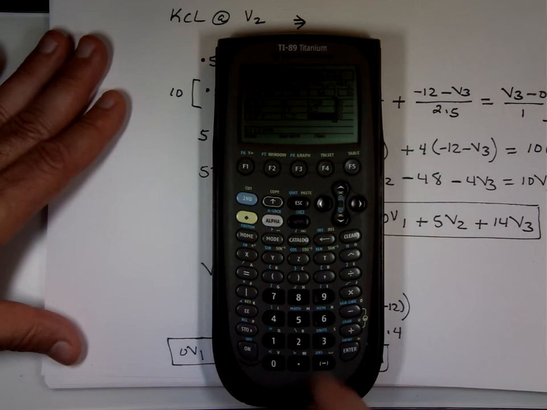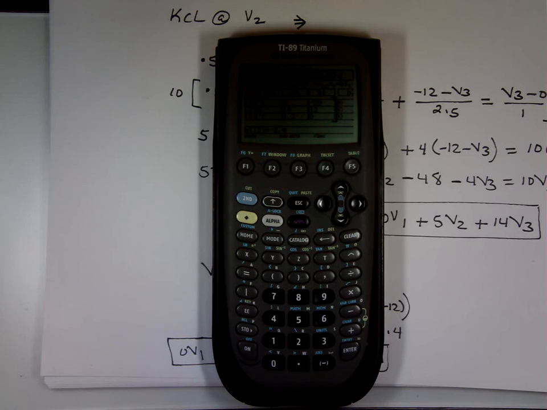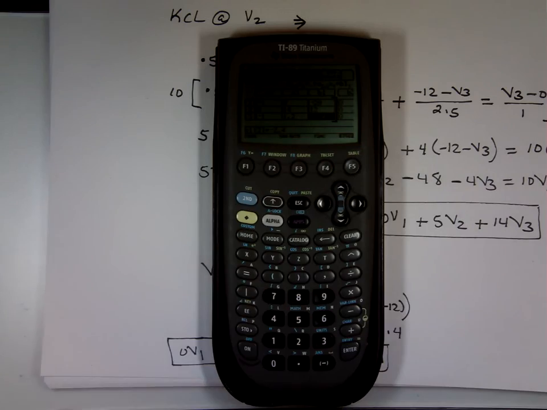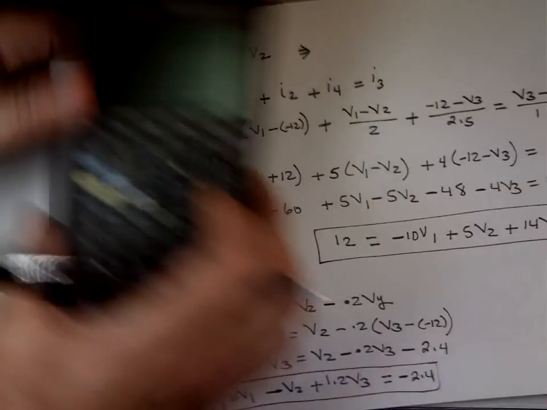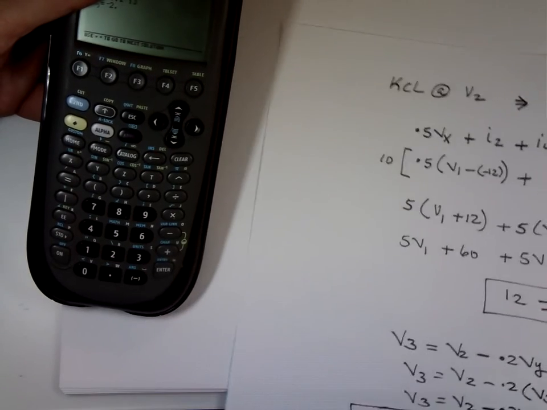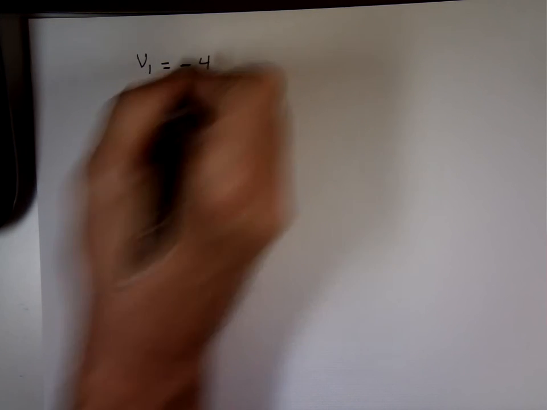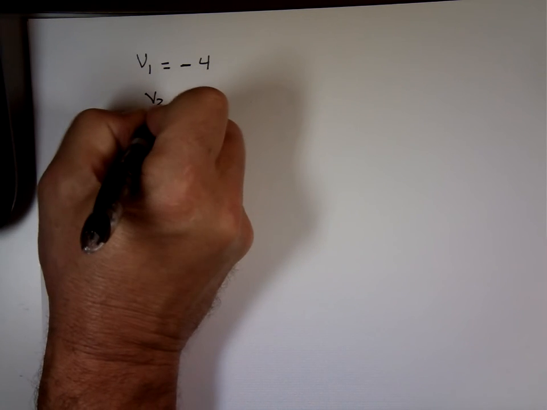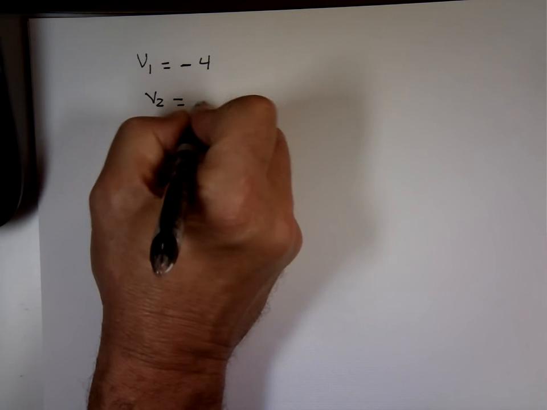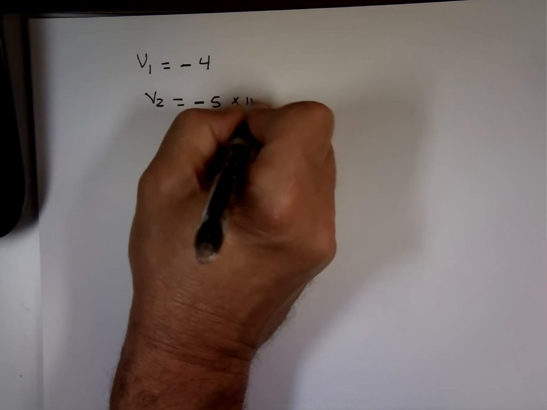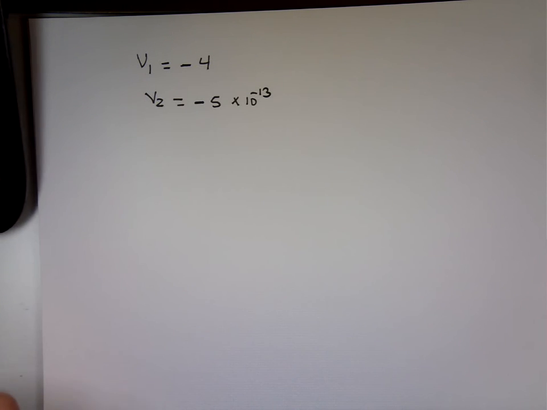Again, if I push all the right buttons on the calculator and go calculate, give it a few seconds, and here's the answer. The answers are V1 is equal to negative 4. V2, here's what the calculator gave me, which, you know, that's a 0.